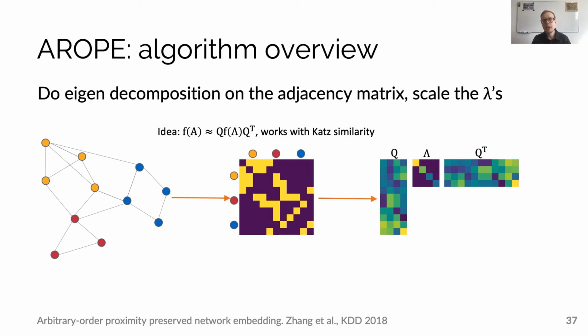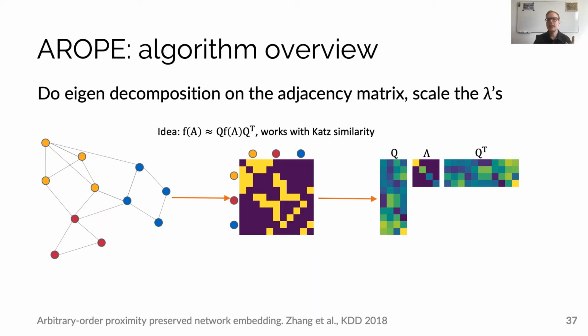The next algorithm is called AROPE, short for arbitrary order proximity preserved network embedding. The idea there is that we do not do the SVD, but the eigendecomposition of the adjacency matrix of the graph. The adjacency matrix is sparse, and eigendecomposition is quite fast on sparse matrices.